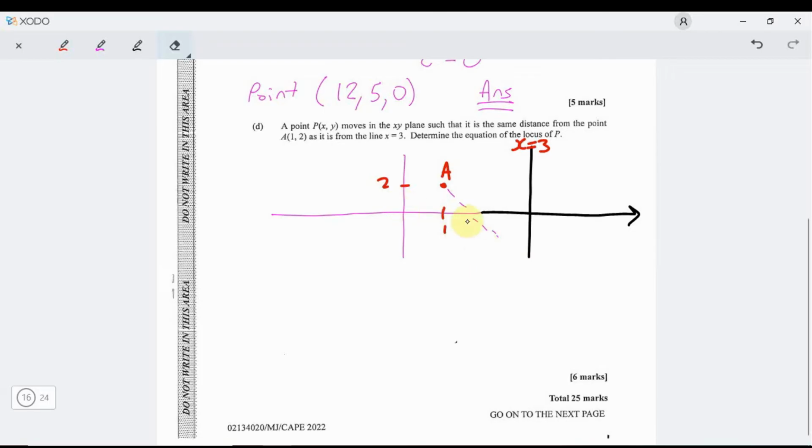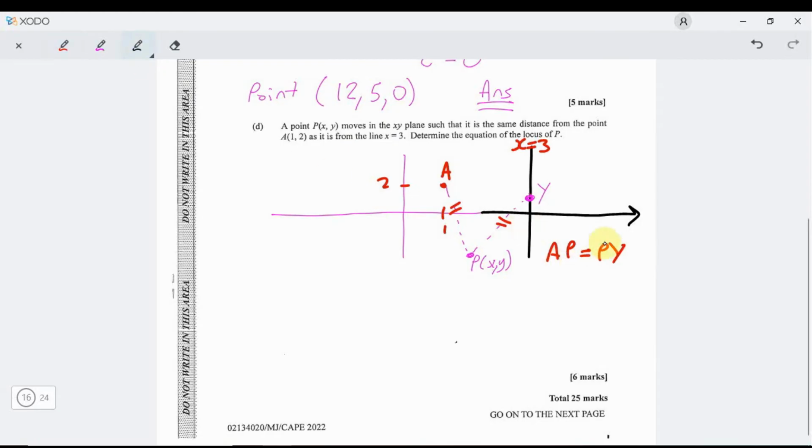It's so hard to show equidistant accurately. So let me put P maybe here, I don't want to use too much space. What we're trying to say is this distance right here is equal to this distance right here. Let's call this Y. So we're trying to say it's equidistant from the line x equals 3. So in that case, AP equals PY.